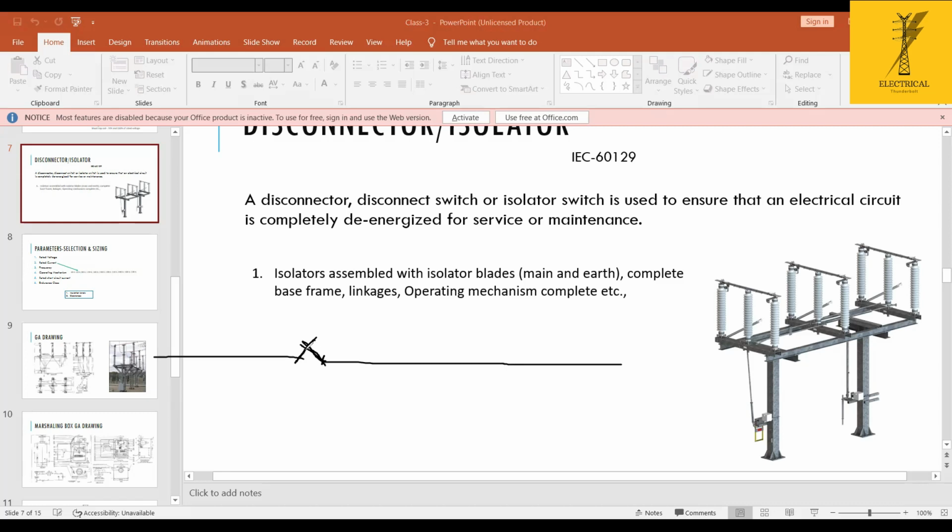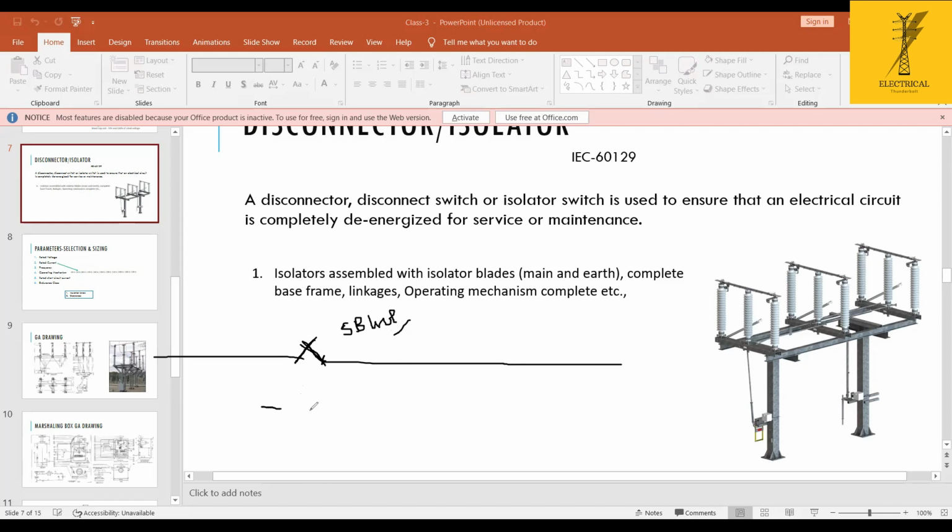So it is called a single break switch, where I am opening only at a single point, a single break isolator. Single break isolators are generally used for 11 kV and mostly under the 33 kV system, where they are widely used.